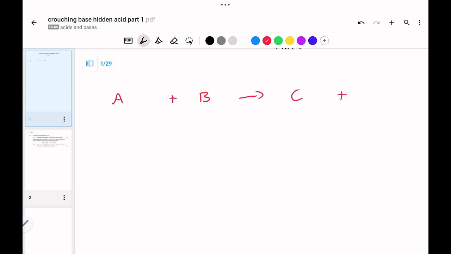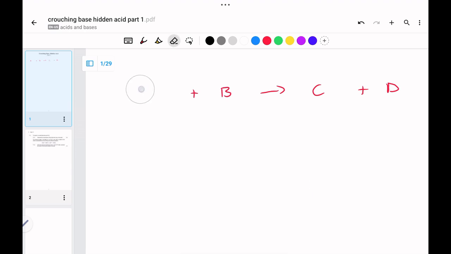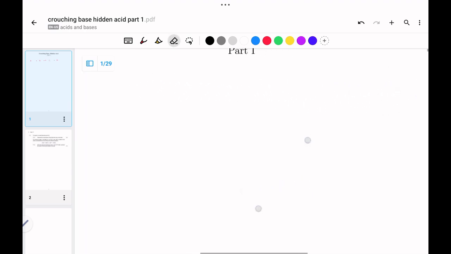goes to C plus D, and I need some more space on the left hand side.